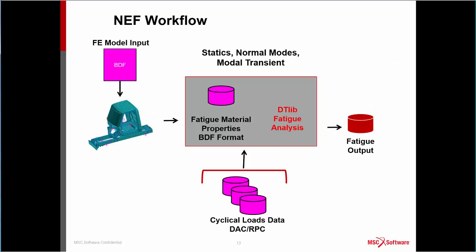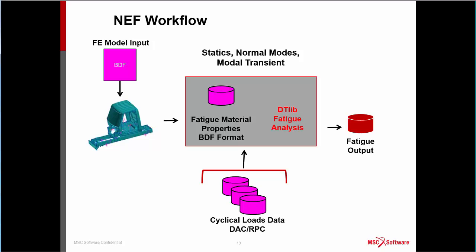So now what we've done is we've compressed things. Now when you run your finite element model, we support the three methods of doing fatigue analysis: statics, normal modes, and modal transient. All the fatigue material properties are in bulk data format, and we run the DTLIB right within Nastran.